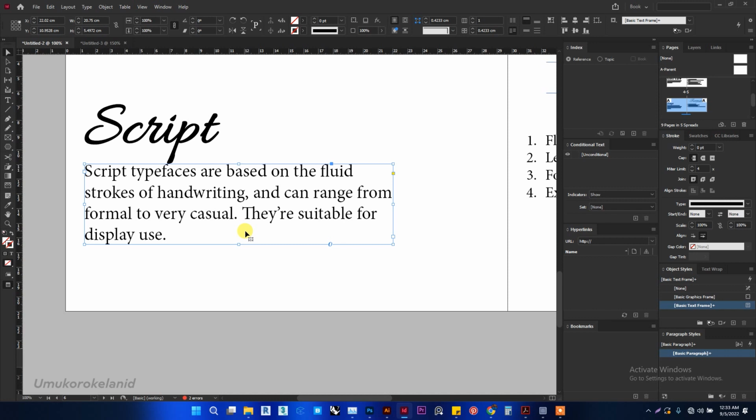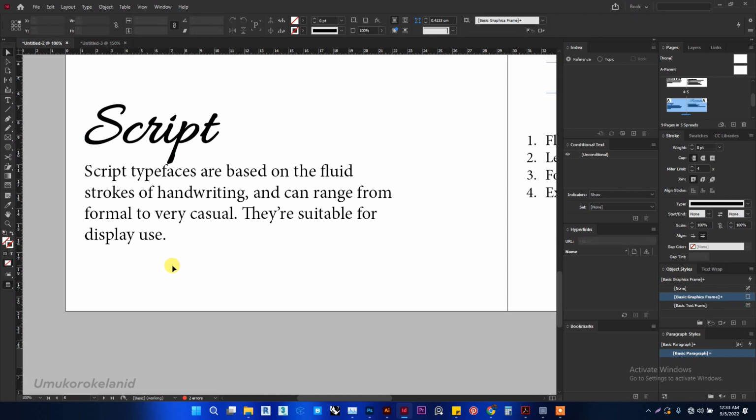Typeface is a design, while font is actually the design with the special characters like the bold and all of that. So now we can call this a font, but the design is actually that of a script typeface. They are suitable for display use.